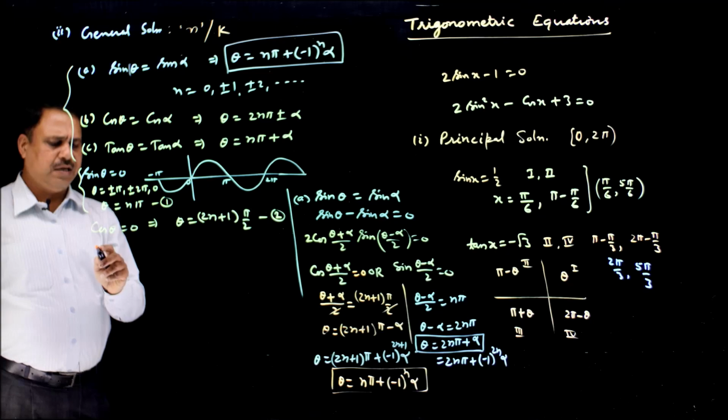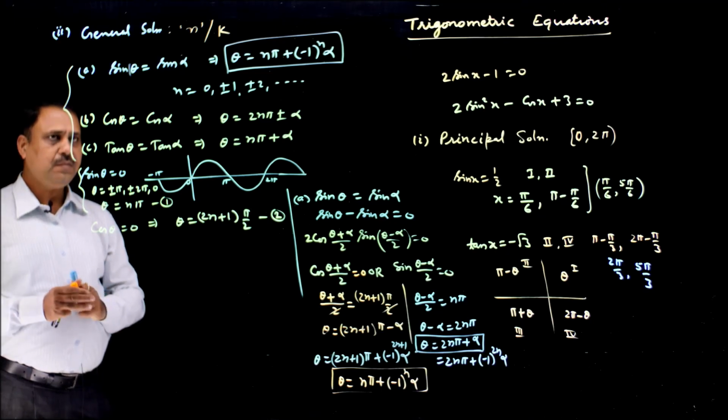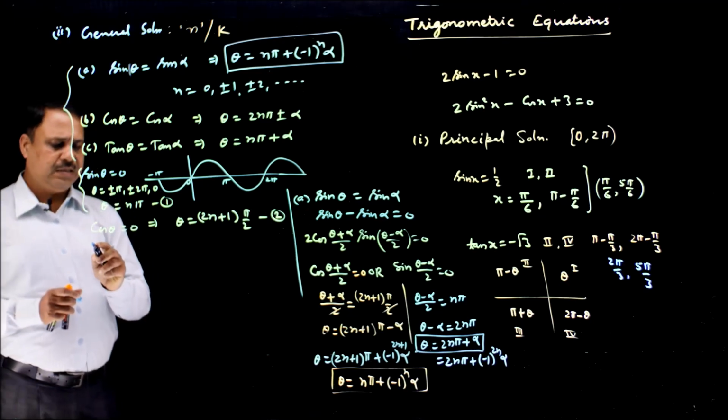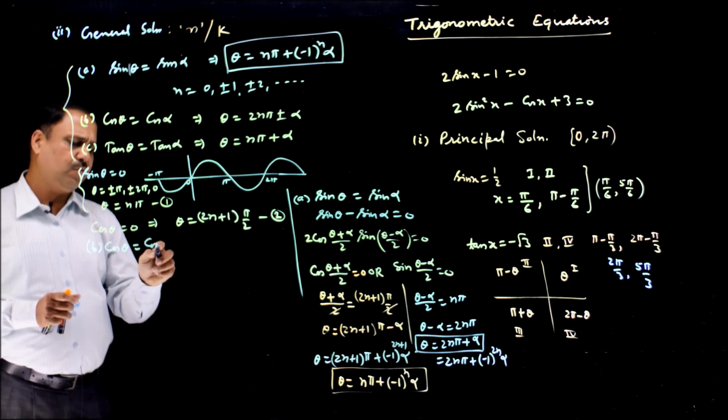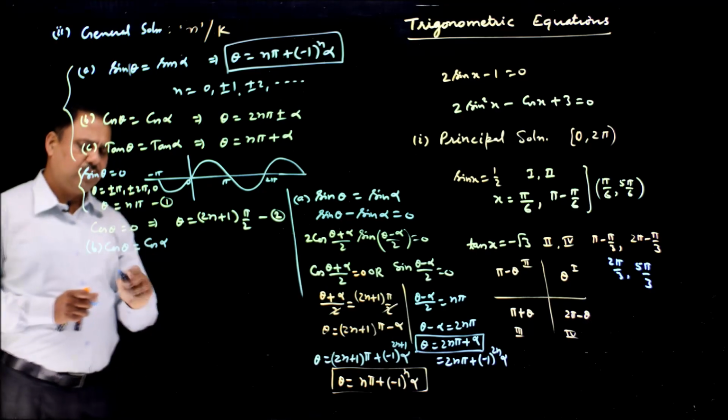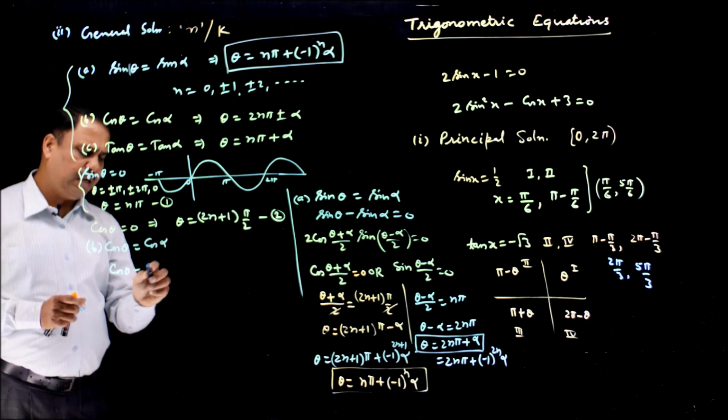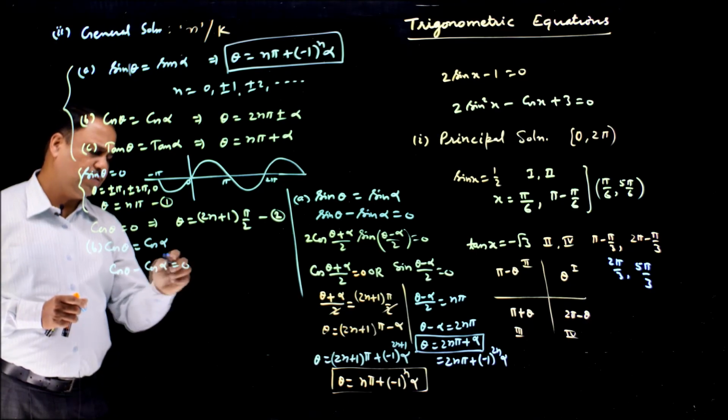Similarly, we can derive the second formula, that is cos theta is equal to cos alpha. So again, cos c minus cos d is equal to 0.